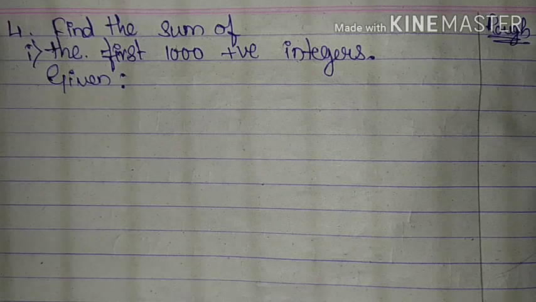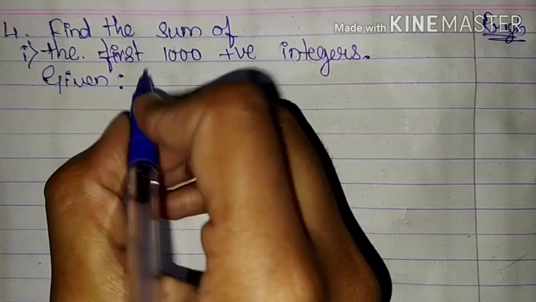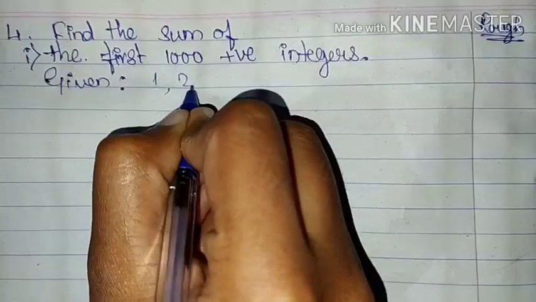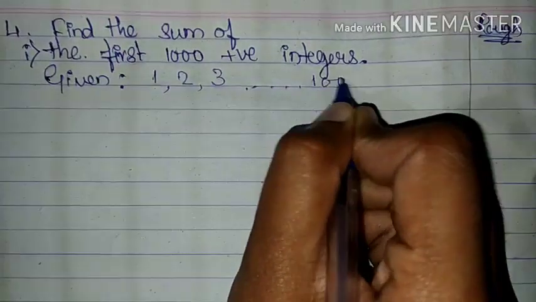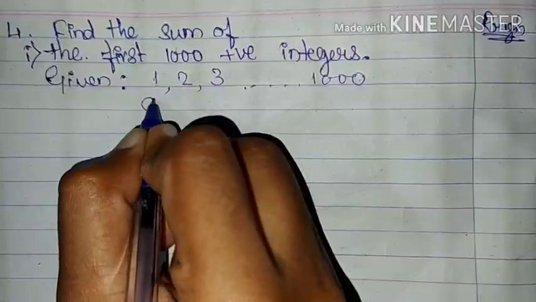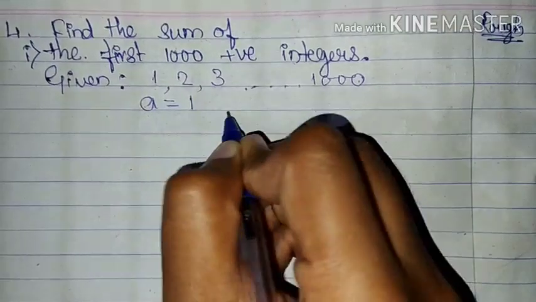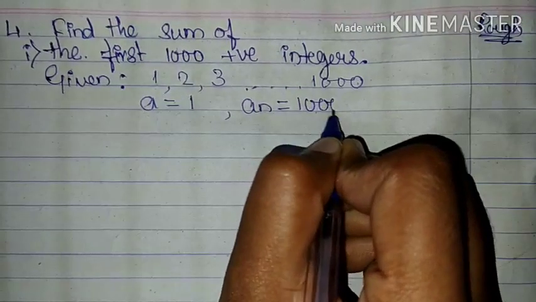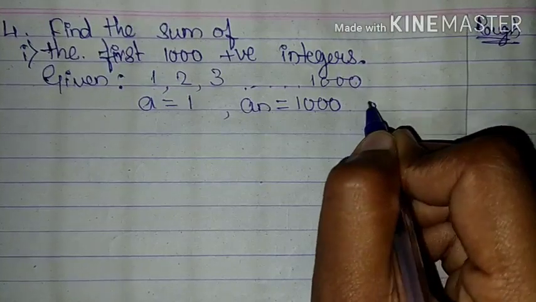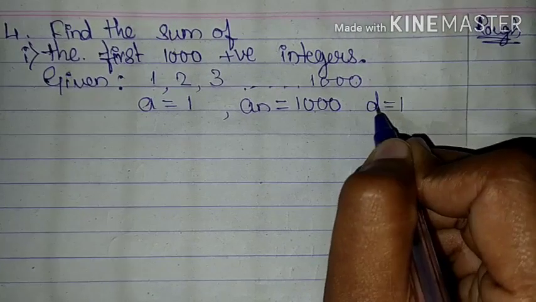But here they have specified for us to find the sum of first 1000 positive integers. So the positive integers begin from 1, 2, 3 and so on up to 1000. So in this case, A is equal to 1, An or L is equal to 1000 and D is equal to 1. We don't need D here actually.